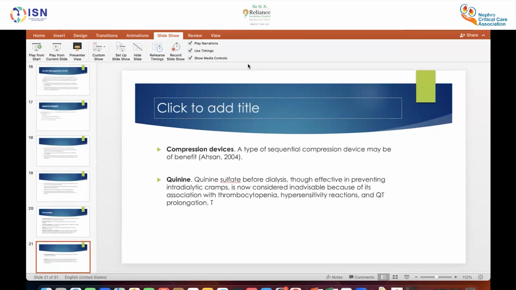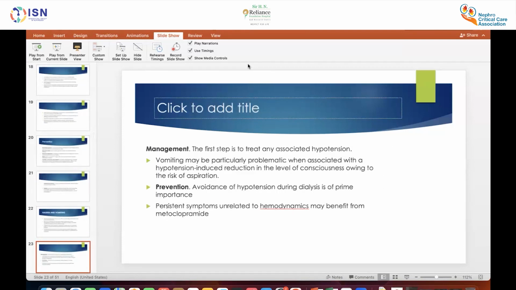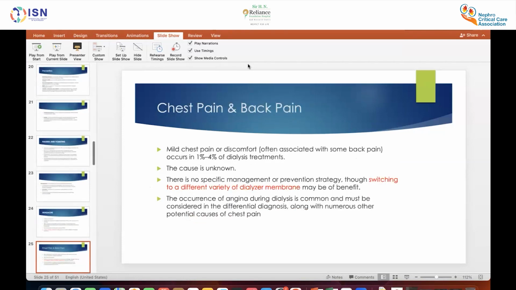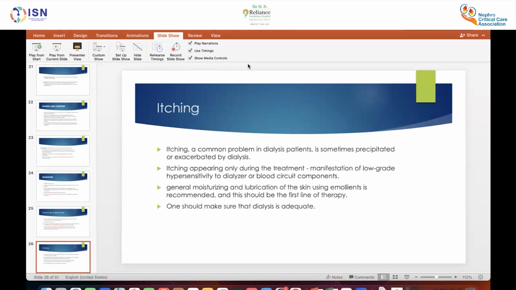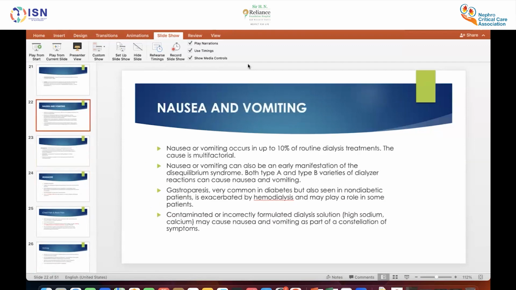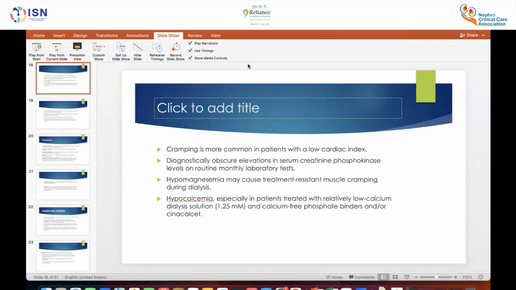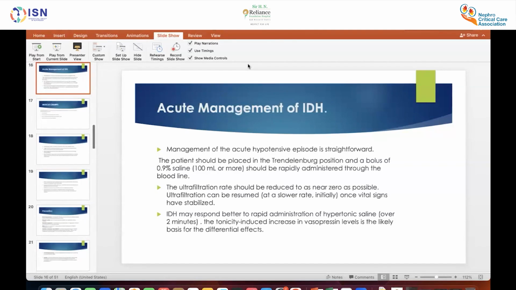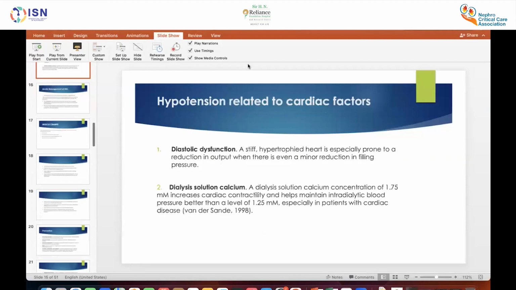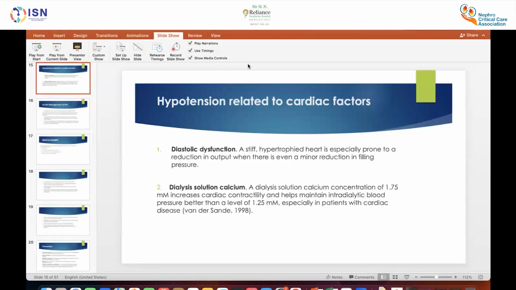So usually they keep it around 145, sir? You have mentioned 145 to 155, which is not possible in our dialysis machine. The dialysis machine can go up to 148. So you cannot go beyond that.